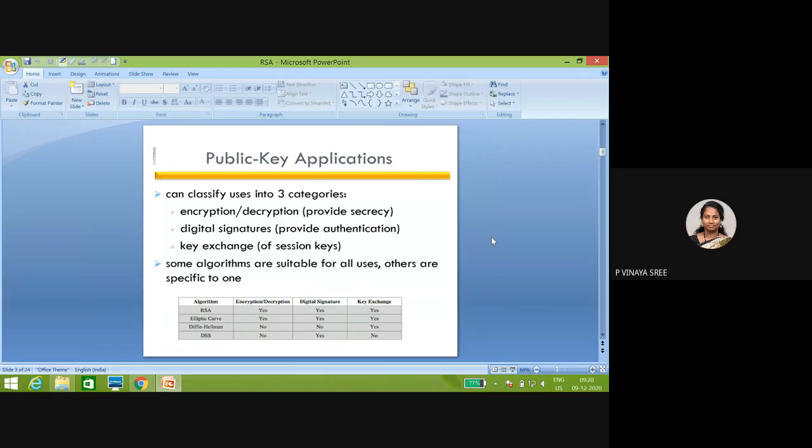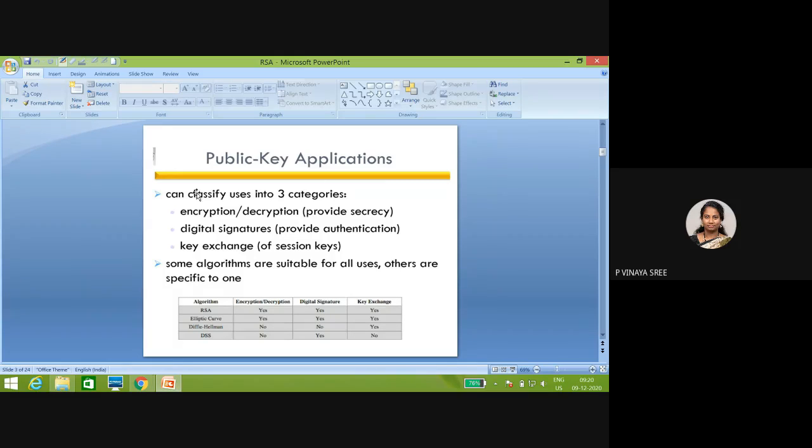Some algorithms that we will discuss in public key cryptography, the first one, which is a very famous algorithm, is RSA. RSA supports encryption and decryption, digital signature, and key exchange. This is one of the very important questions.